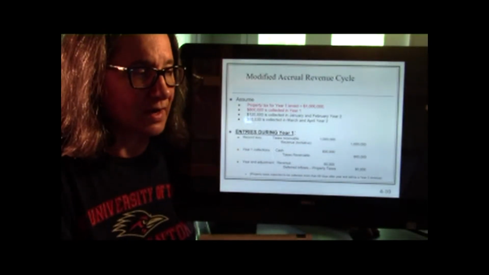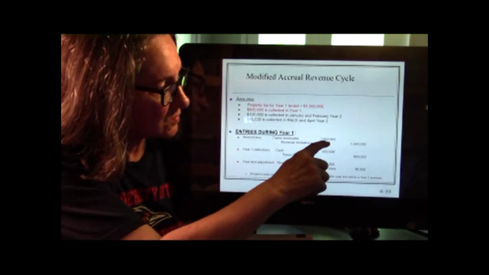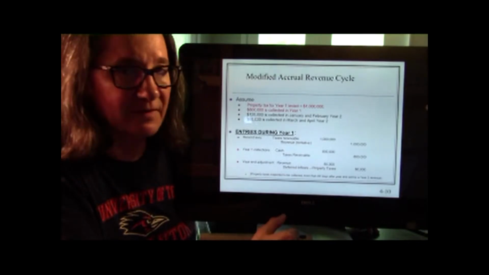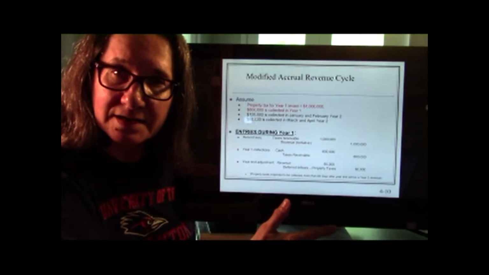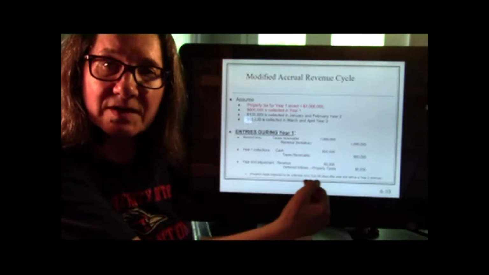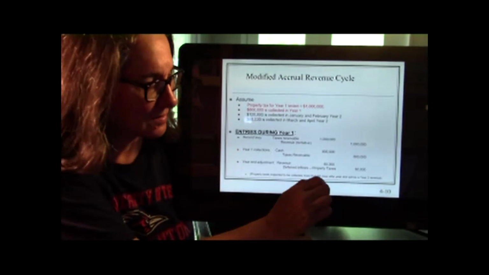So we have to make a little adjusting entry to take that revenue off the books, because here we said we're going to get all $1 million available in year one, but we didn't. We didn't get 80 of it. So we're going to just take that off. To take it out of revenues, we debit revenues. Isn't that weird? Debiting revenue? That's so weird to me.